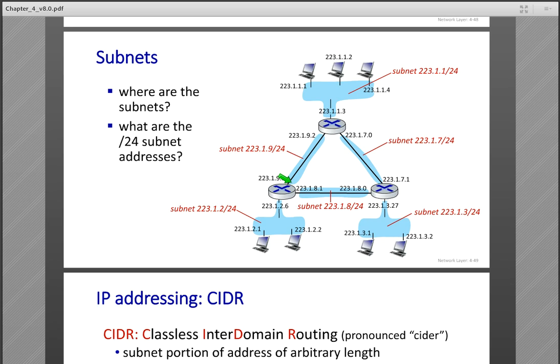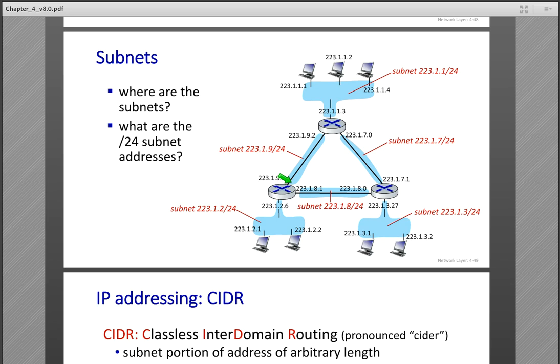The first IP address in a range, in a network, is dedicated. For example, I have a network.